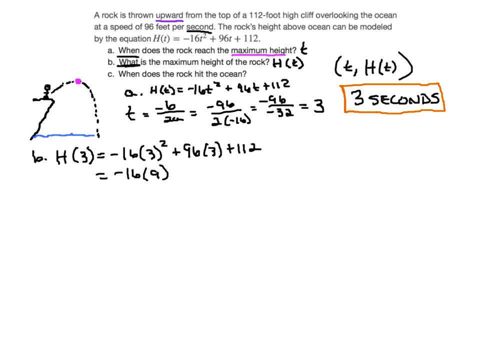3 squared is 9, so that's negative 16 times 9. 96 times 3 is positive 288, plus 112.